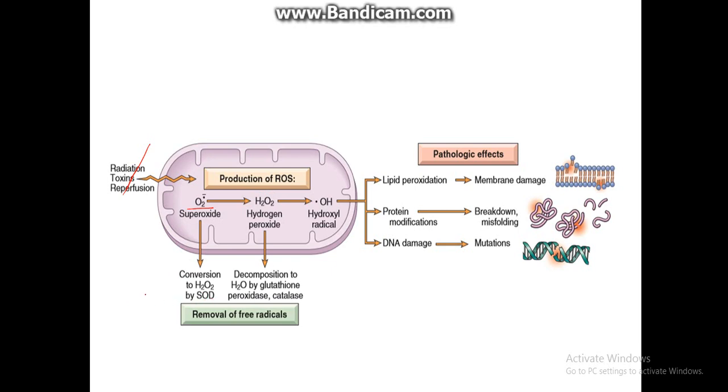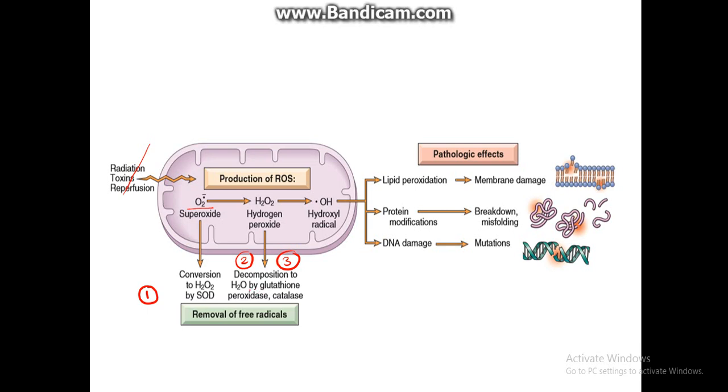So this is number 1, the first enzyme of clearance of free radicals. Superoxide dismutase turns superoxide into hydrogen peroxide. Hydrogen peroxide then gets into the glutathione cycle by a glutathione peroxidase enzyme, or a catalase enzyme, and those are enzymes number 2 and 3, and they convert it basically into water.